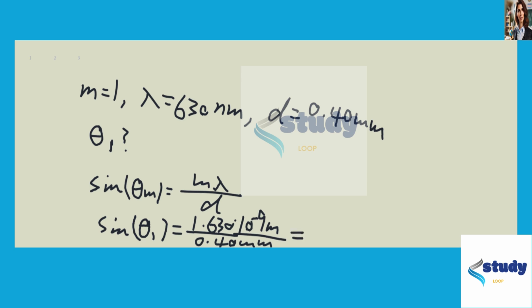And we know 0.4 millimeter is just 4 times 10 to the negative 4 meter, or 0.4 times 10 to the negative 3 meter. Let's use the calculator real quick: 630 times 10 to the negative 9 divided by 0.4 times 10 to the negative 3.